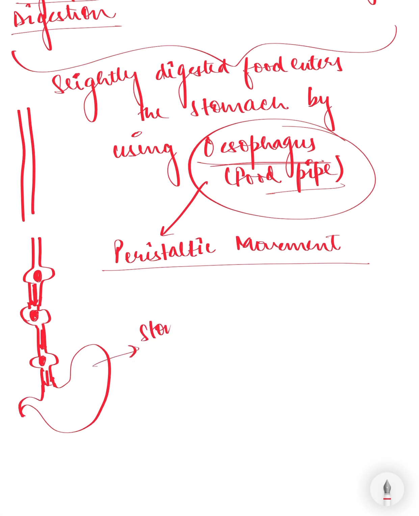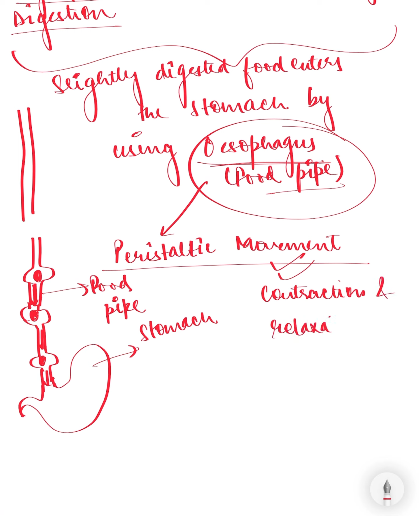This is the stomach and this is the food pipe. The official definition of peristaltic movement is the contraction and relaxation of the food pipe.